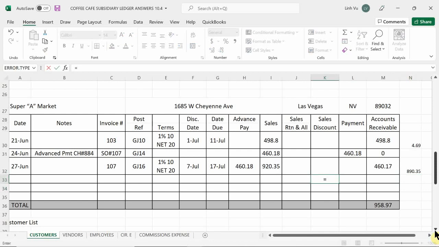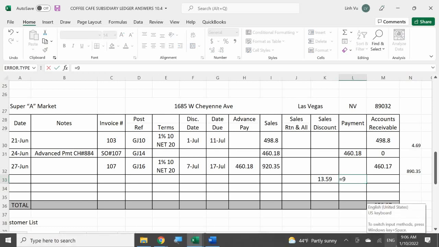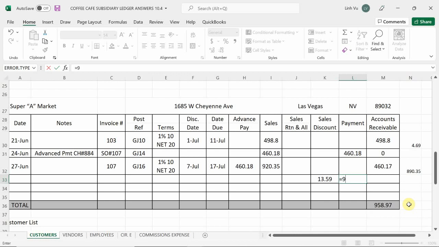It's going to be a total of $4.69 plus the $8.90. So therefore, total discount is going to be $13.59. So in grand total, they owe $958.97, but they get to receive a $13.59 discount.